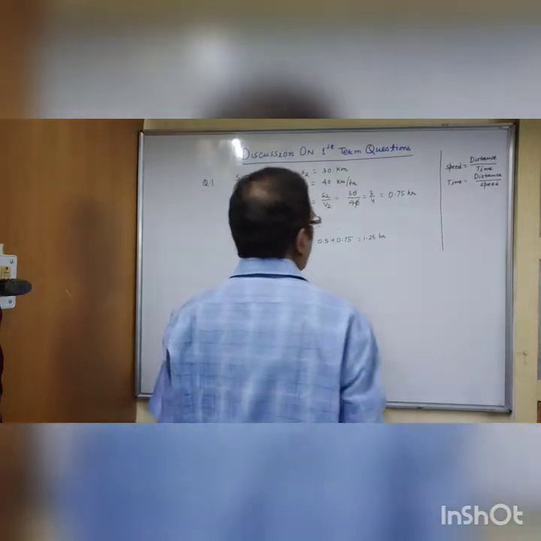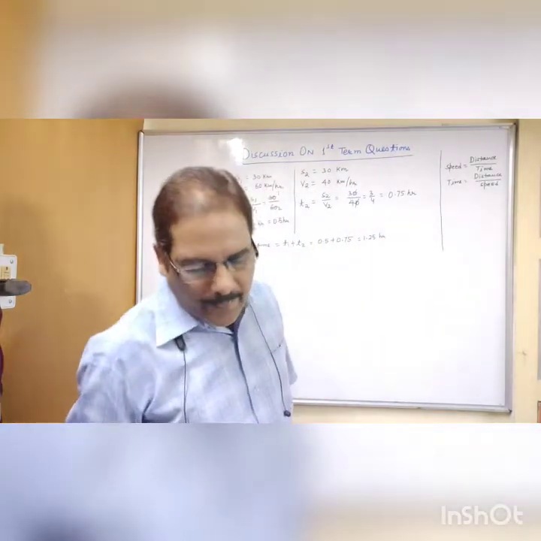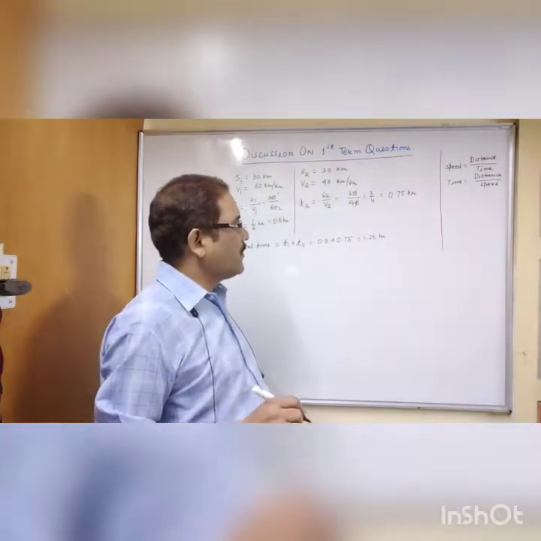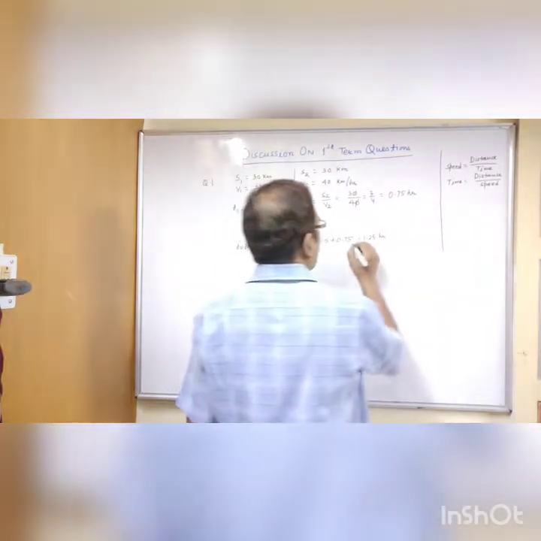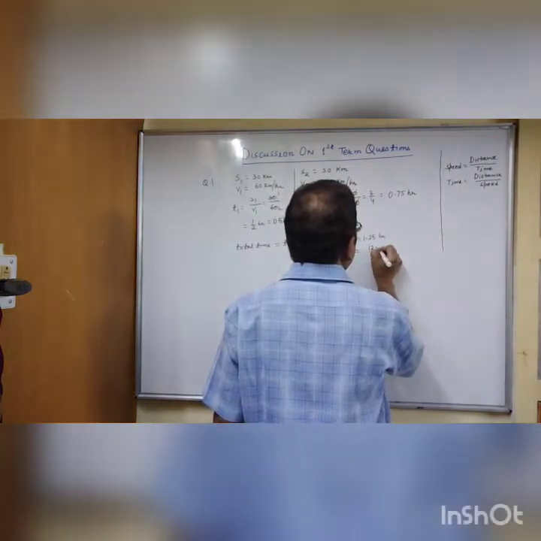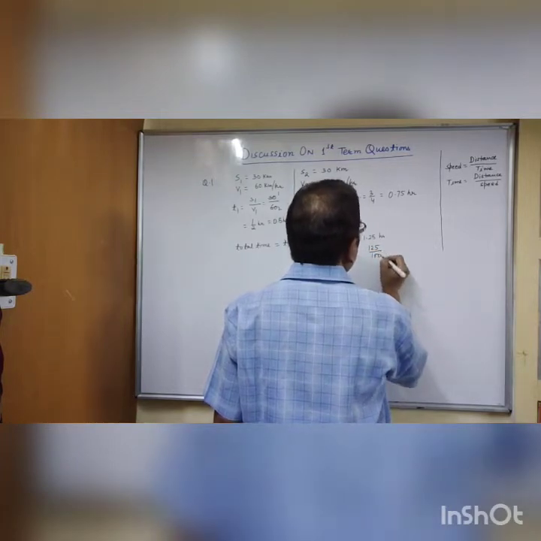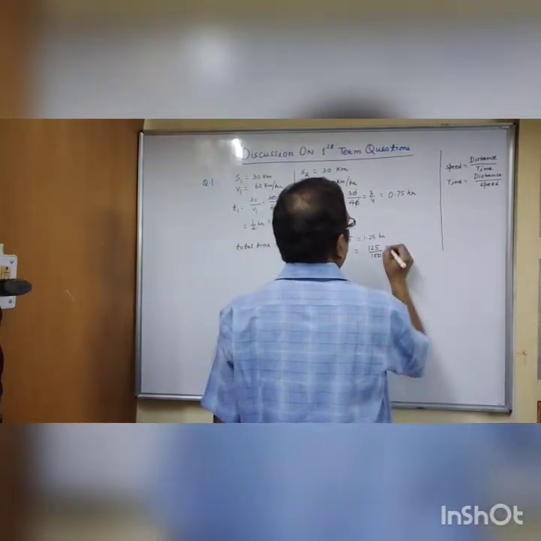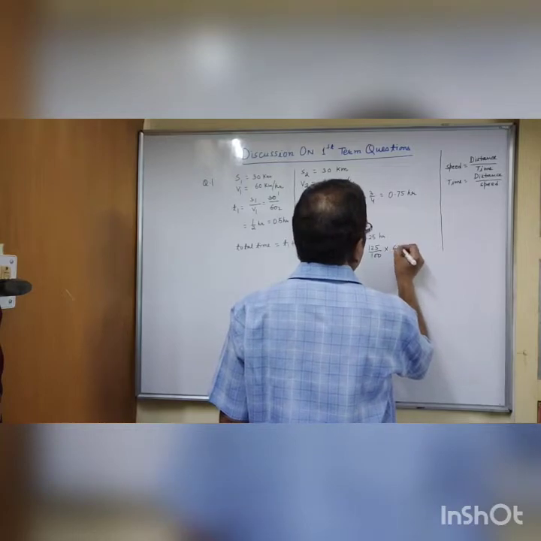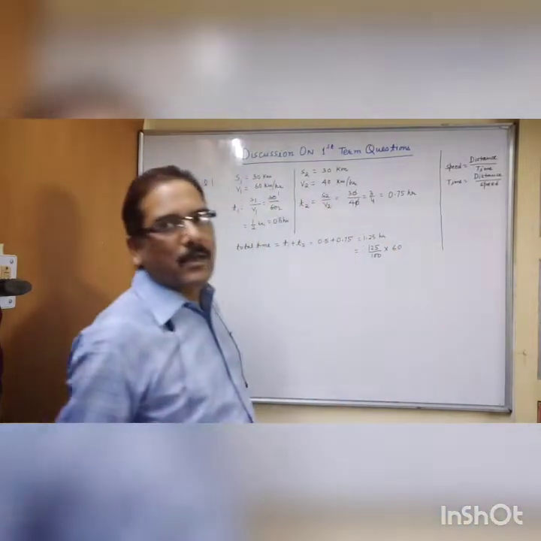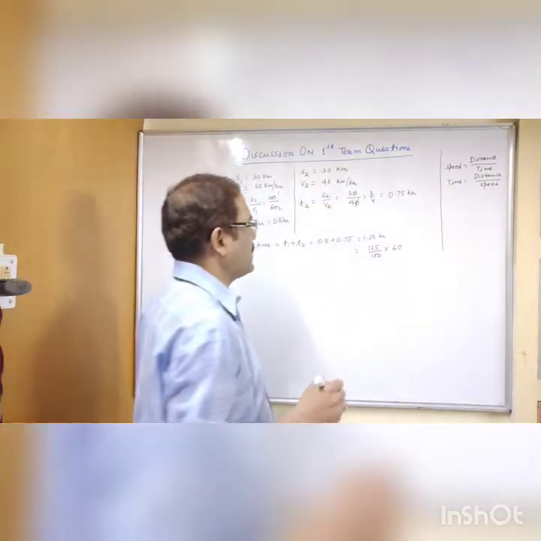Now the answers are in minutes, so convert it into minutes. This can be written as 125 by 100, and to convert it into minutes we have to multiply it by 60, because there are 60 minutes in an hour.